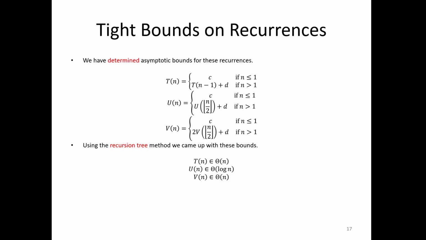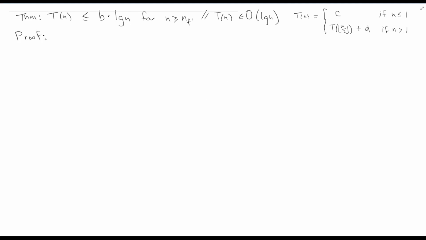All right, so in the last video, we did the first recurrence relation, which was a linear time recurrence relation, and now we're going to do the second recurrence relation, which is a logarithmic time recurrence relation. So I've got, again, the recurrence relation copied down for our convenience over here, and then I've got the theorem we wish to prove, or at least our first theorem we wish to prove.